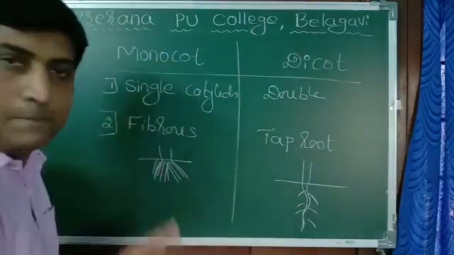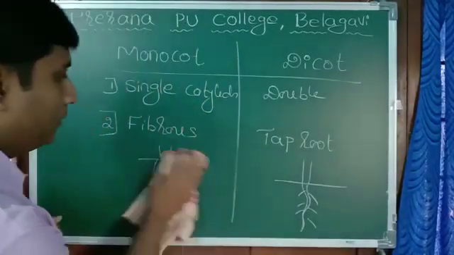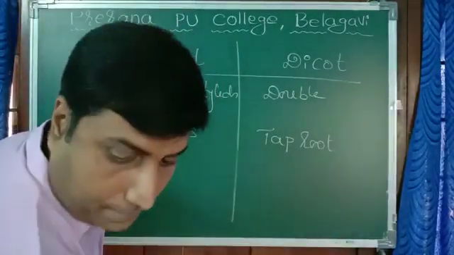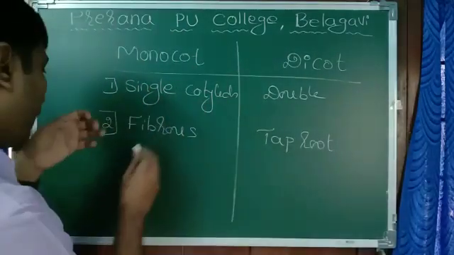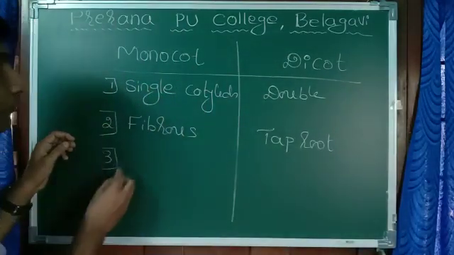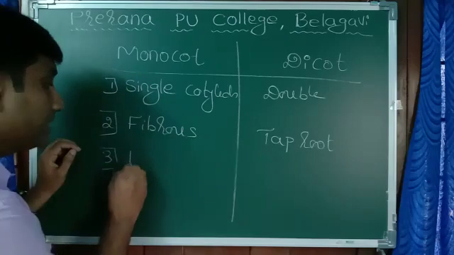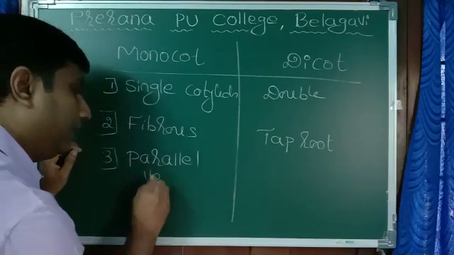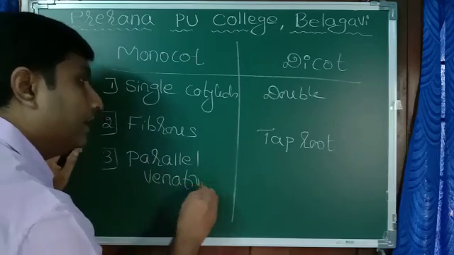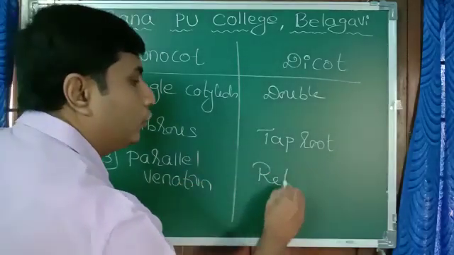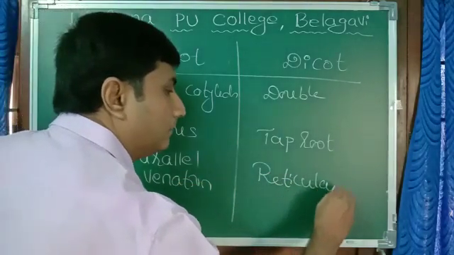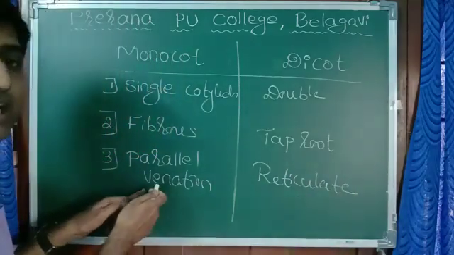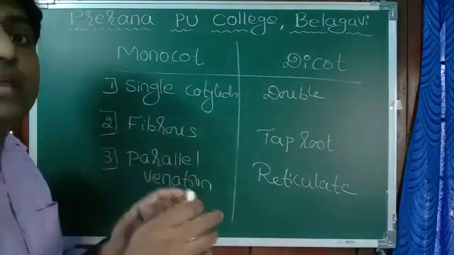So this is fibrous. One more major difference between monocot and dicot is with respect to the leaf. Here the leaf has parallel venation, and here reticulate venation. Now, what is venation? Arrangement of veins in the leaf.